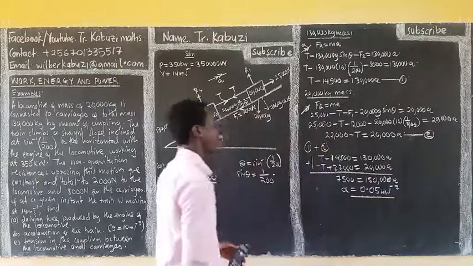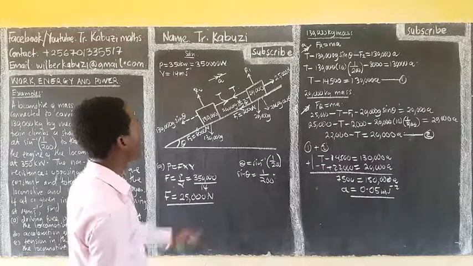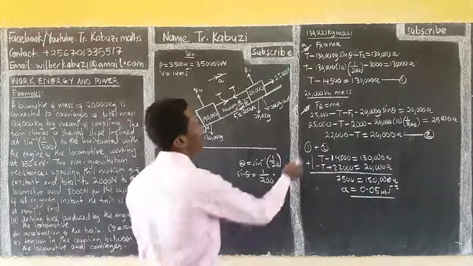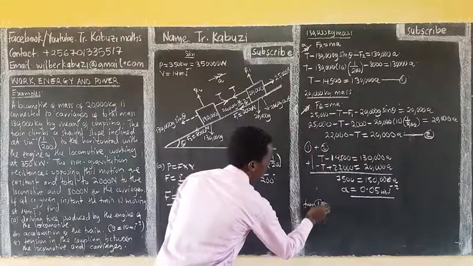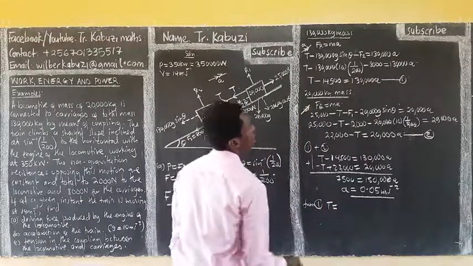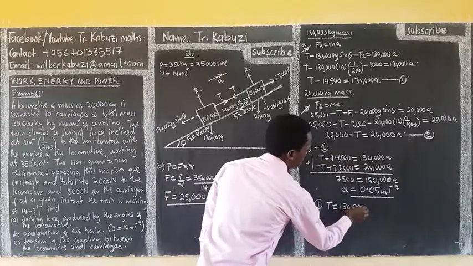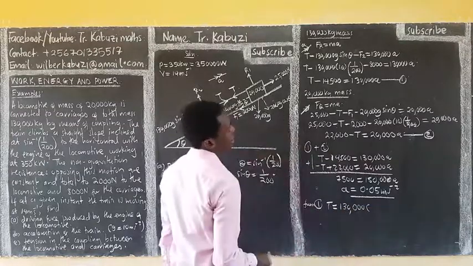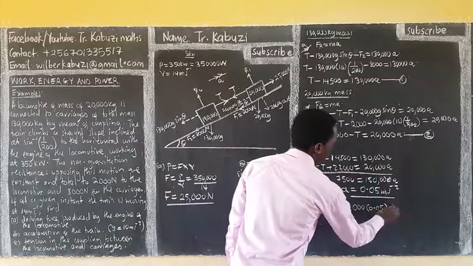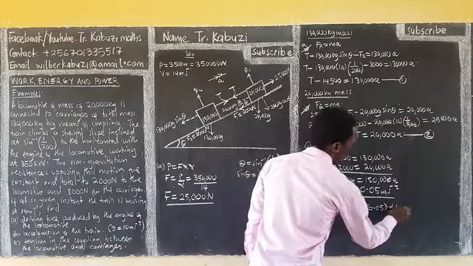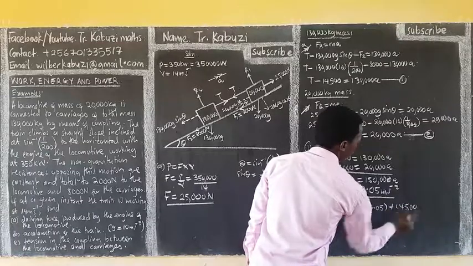That's our acceleration. After finding the acceleration, they want us to get the tension in the coupling. You can use any equation, but this one is the best. So from equation 1, our T is going to be 130,000 into 0.05, then plus the other term.